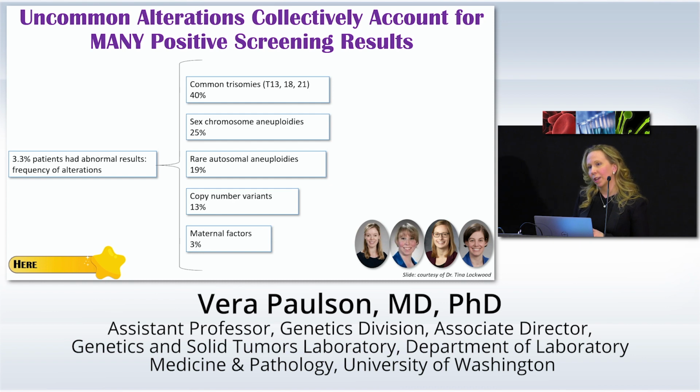Another 25% are sex chromosome abnormalities. 20% are due to rare aneuploids, so this would be the non-13, 18, 21. And then the last are accounted for by subchromosomal copy number alterations and also maternal factors. We're going to put a pin in the maternal factors for now.